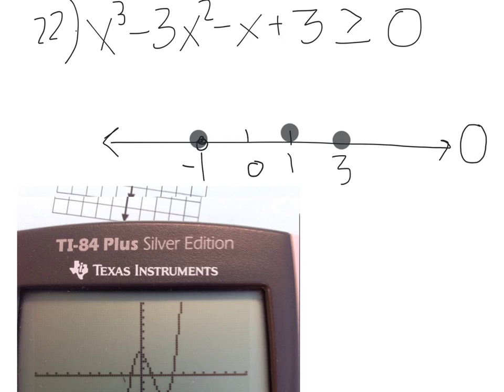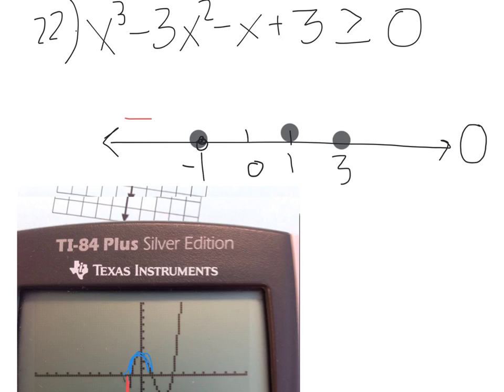If I look at my graph, I can see, okay, right here, I'm below my x-axis. So from this interval on my graph right here, I would say that interval is negative because I'm below the line on my graph. If I look to my next little interval from -1 to +1, look right there, I'm above the graph.